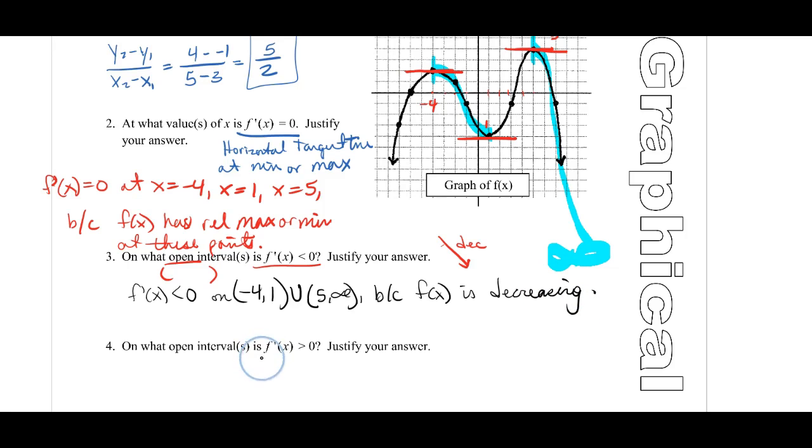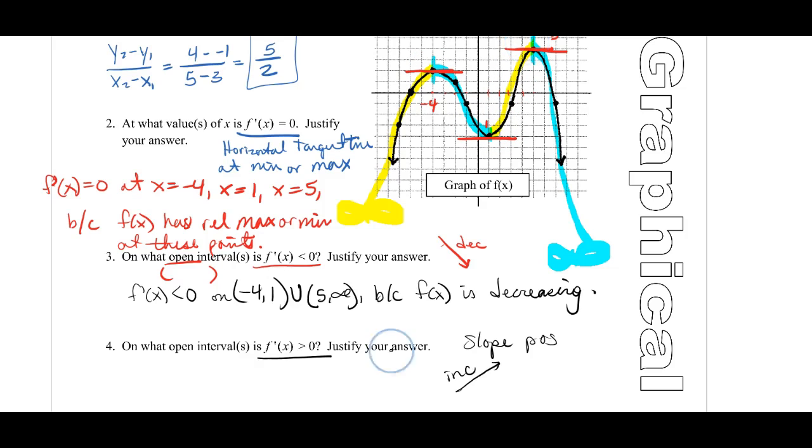Conversely, where's the derivative positive? Well, the derivative being positive means the slope is positive. If the slope is positive, then my function is increasing. Where's my function increasing? Well, it starts from really low and starts increasing, so negative infinity, and it stops at negative 4. Then it begins increasing again from 1 and increases until 5.